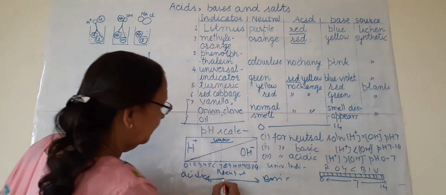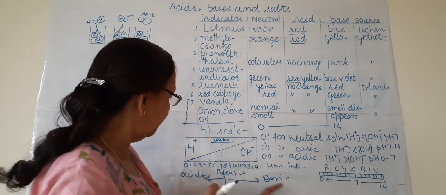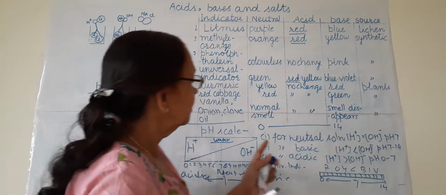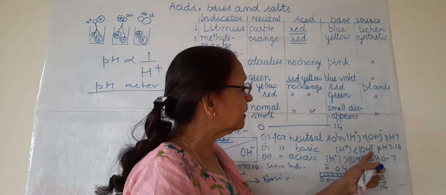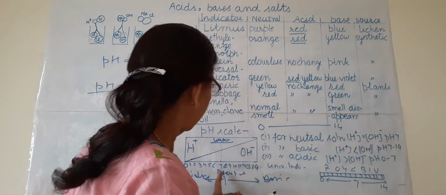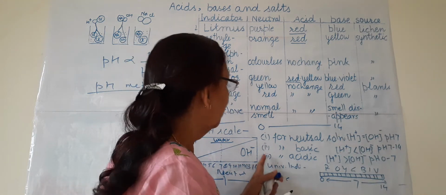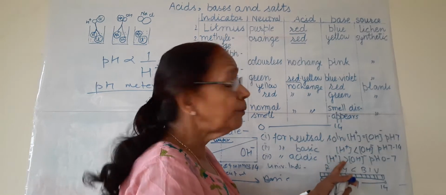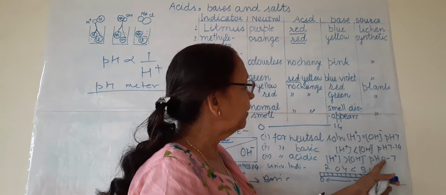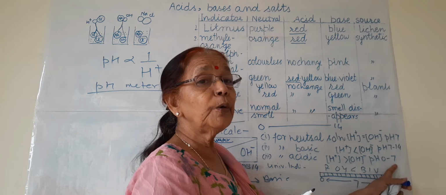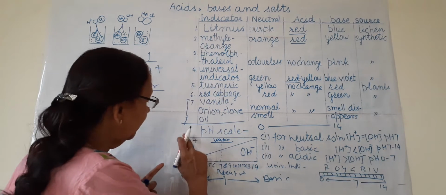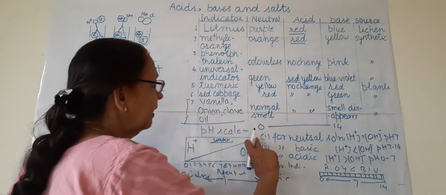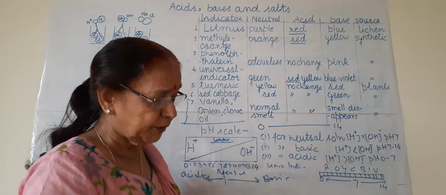This is acidic, this is neutral, this is basic. So, for basic, hydrogen should be less than hydroxyl and pH will be 7 to 14. For acidic, hydrogen should be more than hydroxyl and pH should be 0 to 7, or we can say 7 to 0. Here maximum H is there, here maximum OH is there.